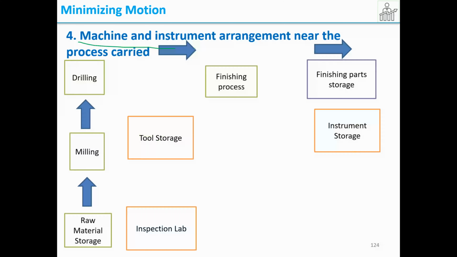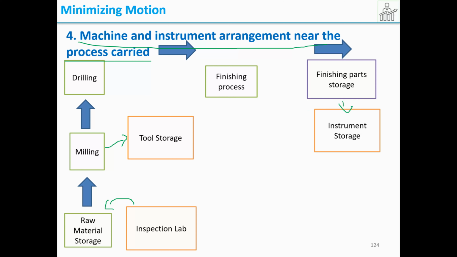So machines and instruments are arranged near the process carried. What they've done is keep all the required inspection facilities near where that particular process requires them. For example, the inspection lab is very near to the raw material storage. The milling process and the tool storage are very near. For the finished part storage, the instrument storage is very near.